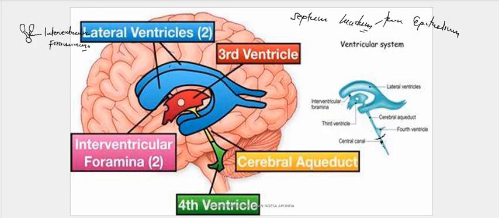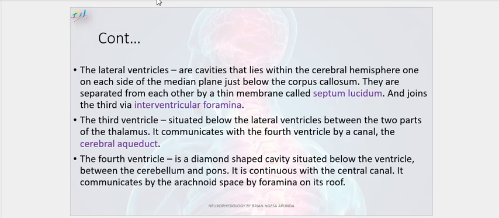So maybe what we should know is that the fourth ventricle is diamond in shape, just between the cerebellum and the pons that we've been able to see. So the pons is just here, just below the midbrain. So between the pons and the cerebellum lies the fourth ventricle, diamond in shape, where the sharp area is oriented anteriorly. Another thing to note is that at the roof of the fourth ventricle, it can leak this fluid or the CSF into the arachnoid space. So how does the CSF get into the arachnoid space?